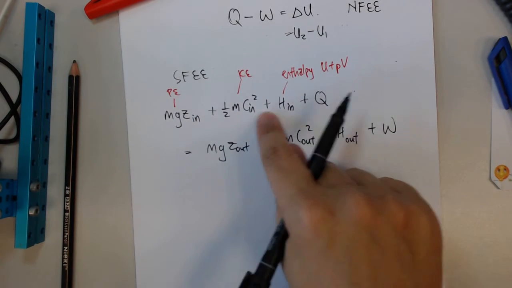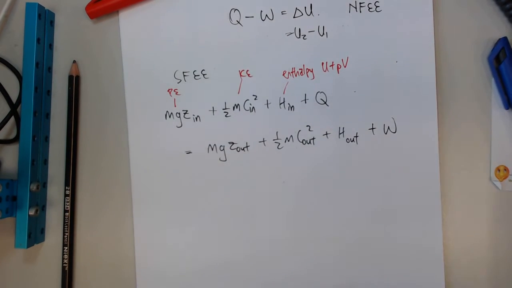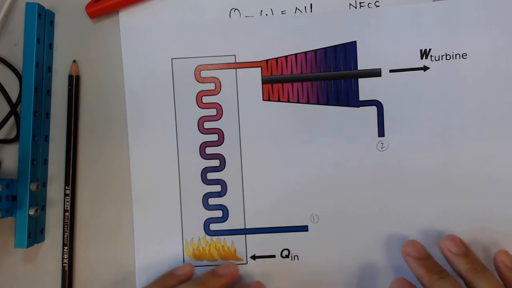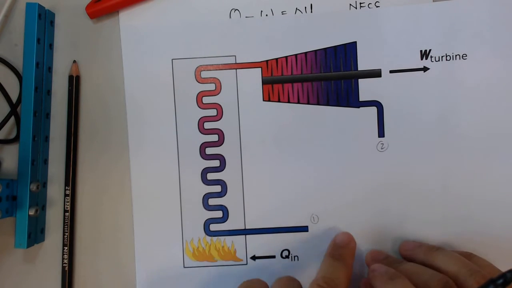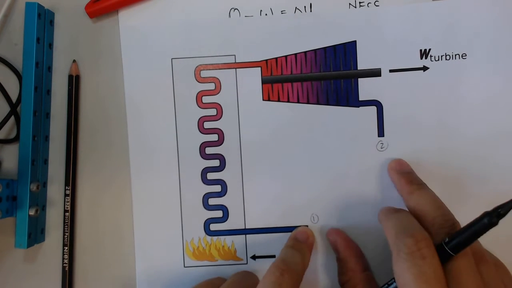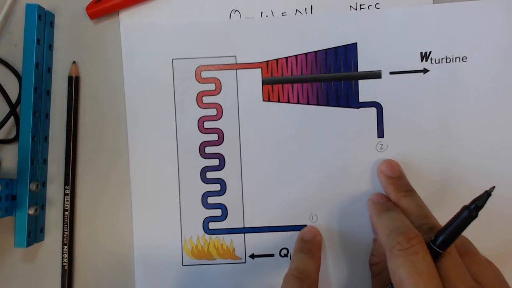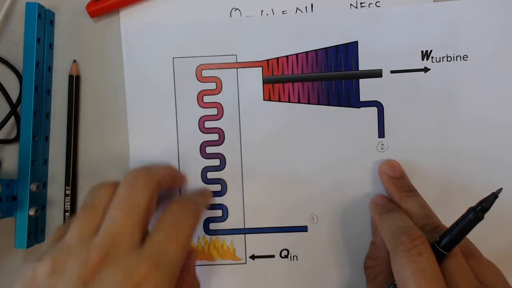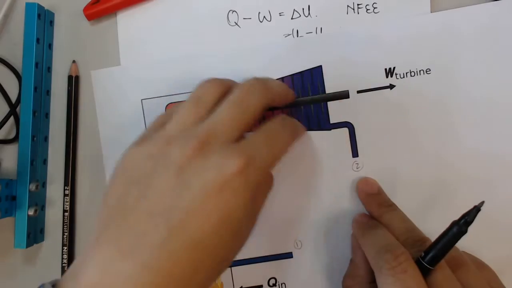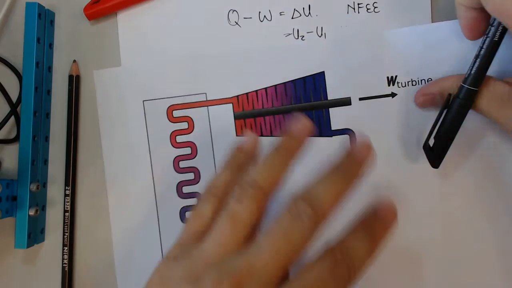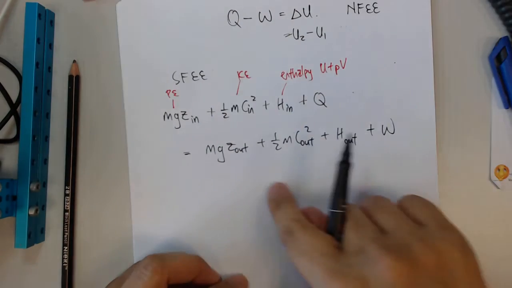So this whole equation is your steady flow energy equation, and it's comparing between inlet and outlet. If you look at this diagram again, it's basically saying that as it goes in and comes out, what happens inside the system causes the change between the in and the out: the heat that is being transferred and the work that is being done. And this is all explained under this single equation.